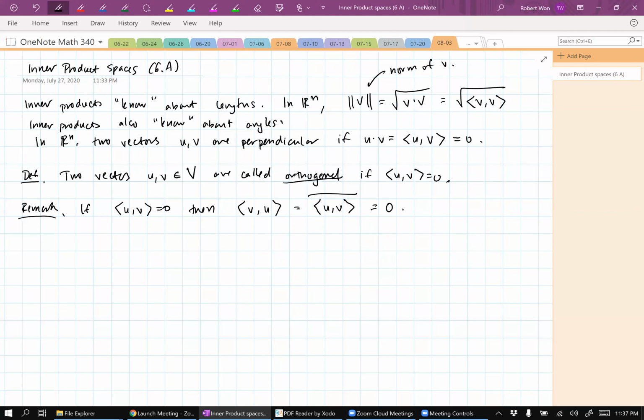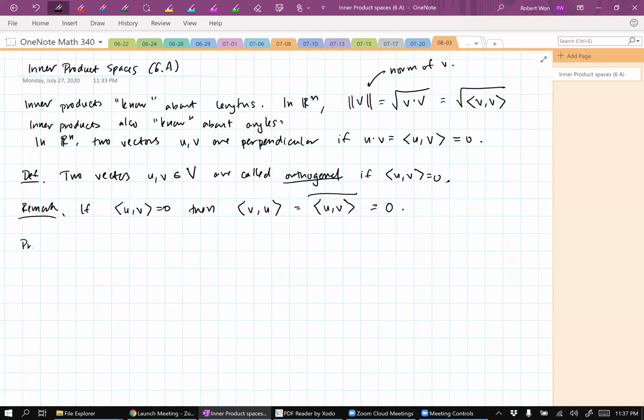It seems like maybe u could be orthogonal to v, but v might not be orthogonal to u if you switch the roles. But if the inner product of u and v is 0, then the inner product of v and u is 0, which is why it makes sense to just talk about two vectors being orthogonal. The order that you take their inner product in doesn't matter because the inner product equals 0. So this definition is symmetric in u and v. That's what I'm trying to say.